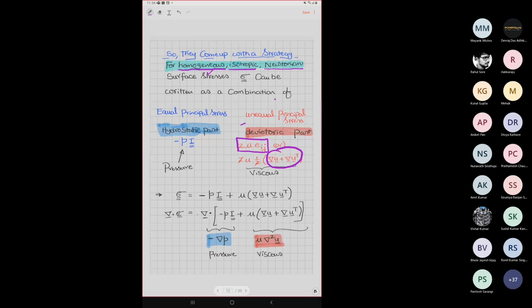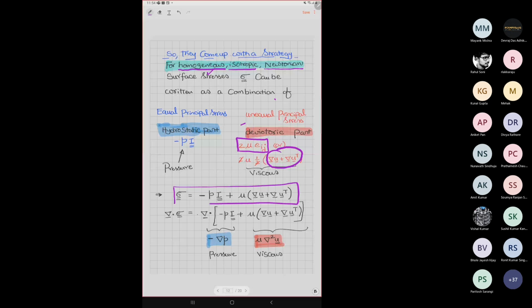Newtonian means shear stress proportional to shear strain rate. Under those approximations, he tried to simplify that. You can always write the stress component as a hydrostatic part plus a deviatoric part. And this deviatoric part comes because of viscosity.